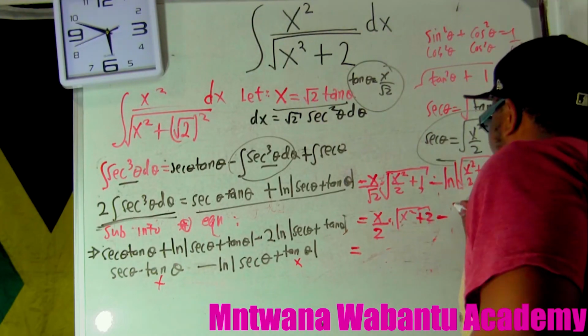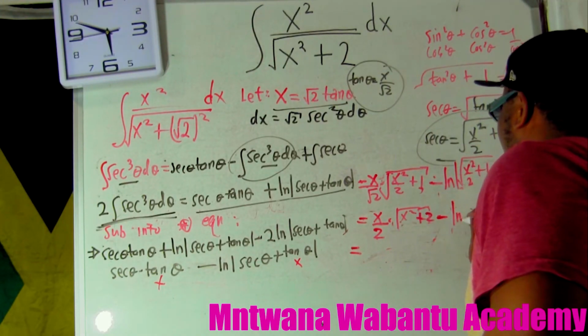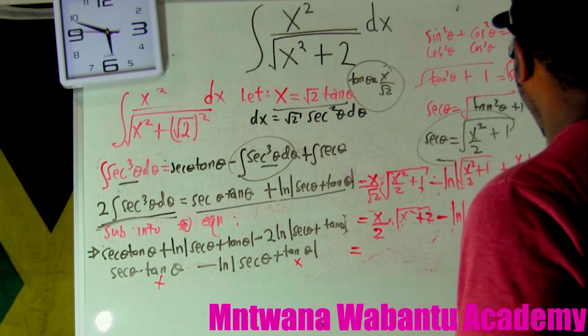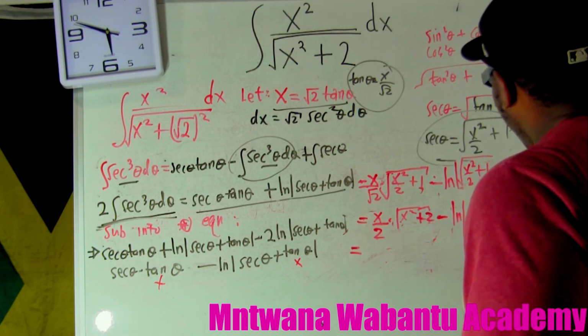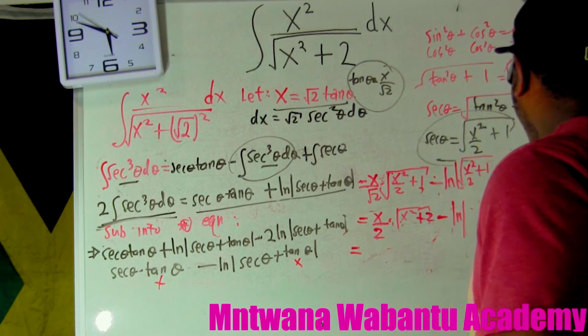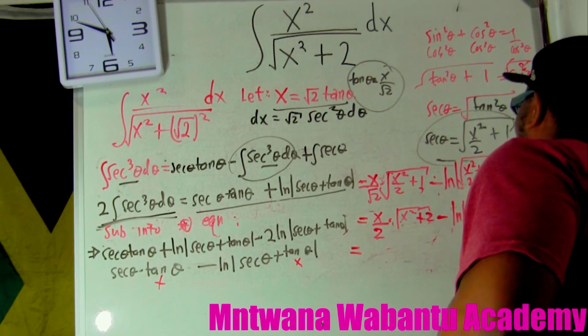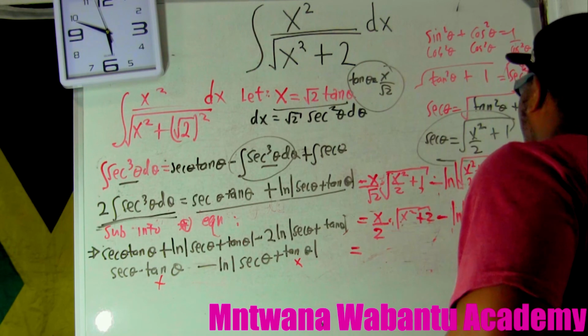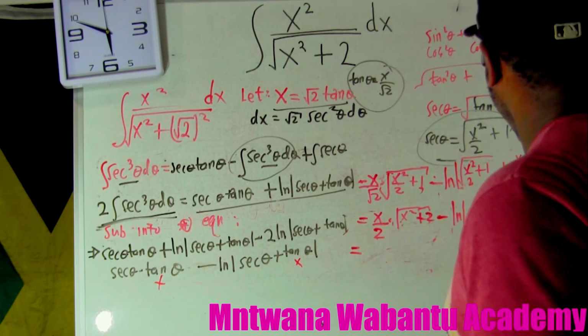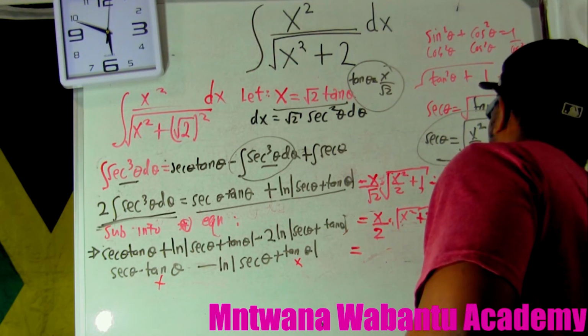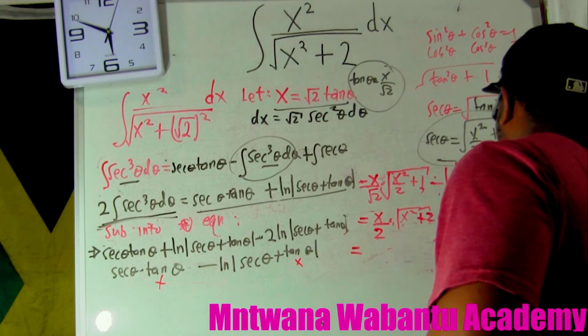Okay, and then I can say ln of absolute value. And then I'm just trying to play around here. These two times can become 2, and this 1 times x squared equal to x squared over square root of 2. See, so this square root of 2 is for both. Since it's for both, let me do this. Excuse me.